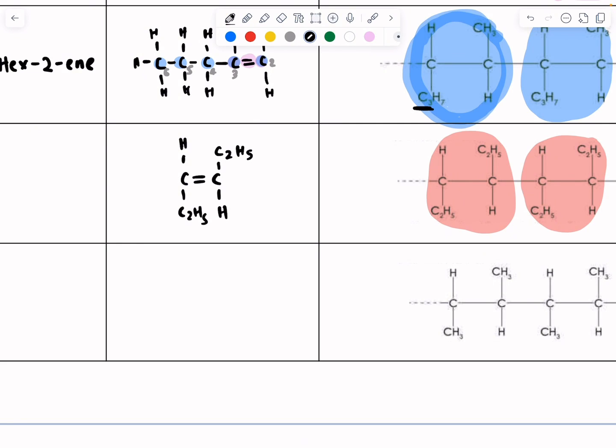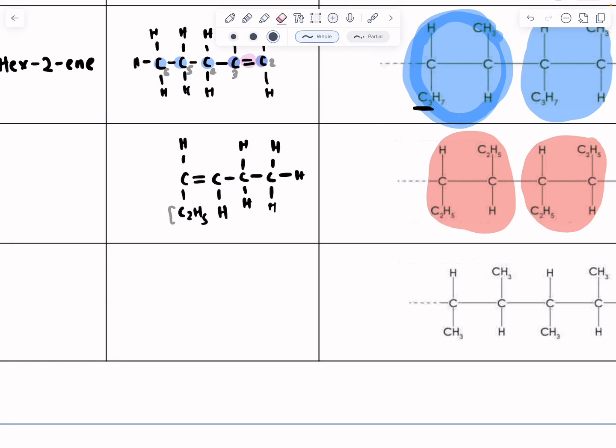Cool. Now what we can do is we can linearize this chain a little bit. Okay, so I can move this group over here, and then I can move this group over here. So I've got C2H5, so I'm going to draw 2 carbons, C2H5.